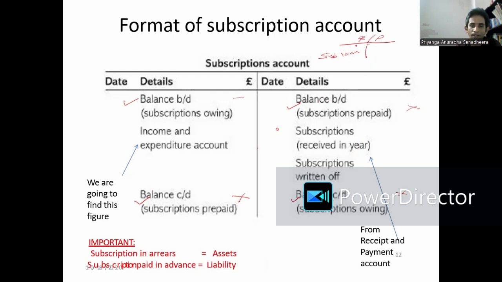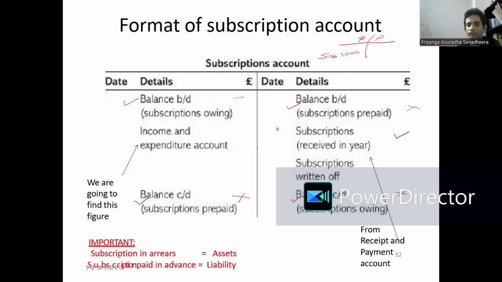So this is debit, and the double entry, the other side should go here. This amount. So always you will have to look at where is your receipt and payment account and what is the subscription amount, it's debit and this is the credit. But in some questions, they don't give it as a receipt and payment account. They give it as a statement, so you need to read and get that figure.